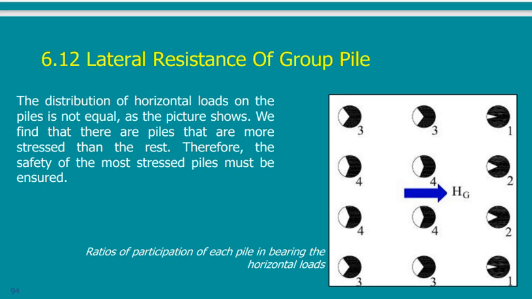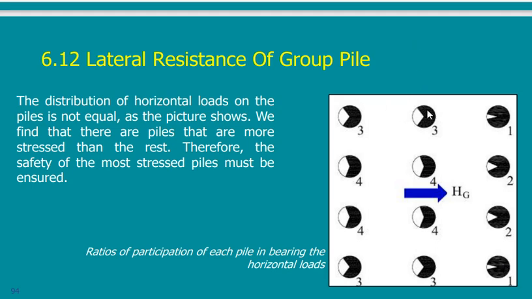Here also, I am pushing this group, and these 1, 2, 3, 4 piles are in the front. So these piles in the front are faced by the soil, so they carry the major amount of load. What about these piles at the sides? They carry also a load. Why?